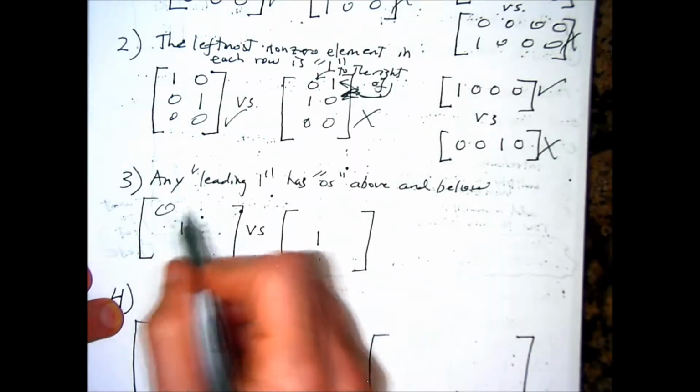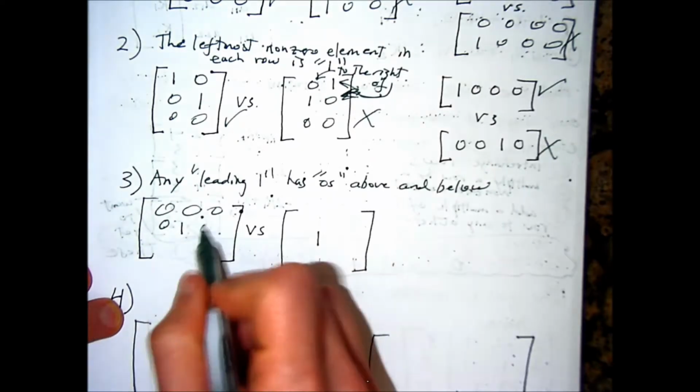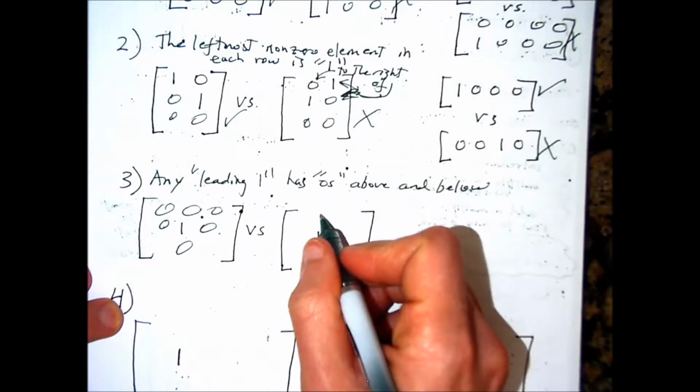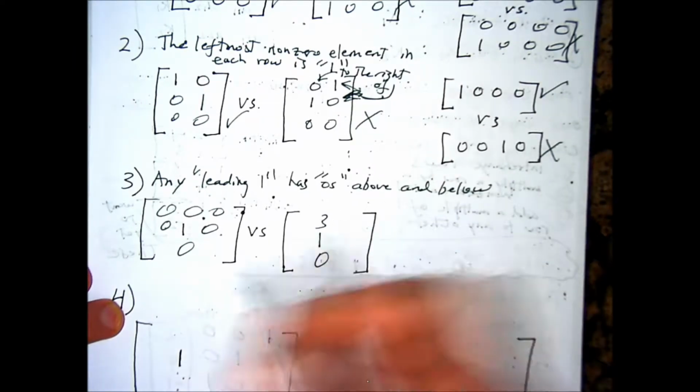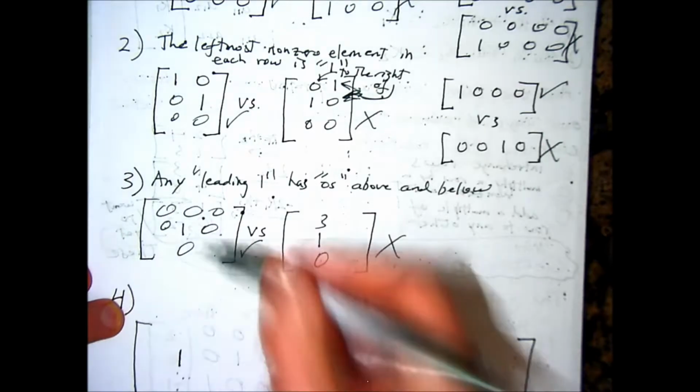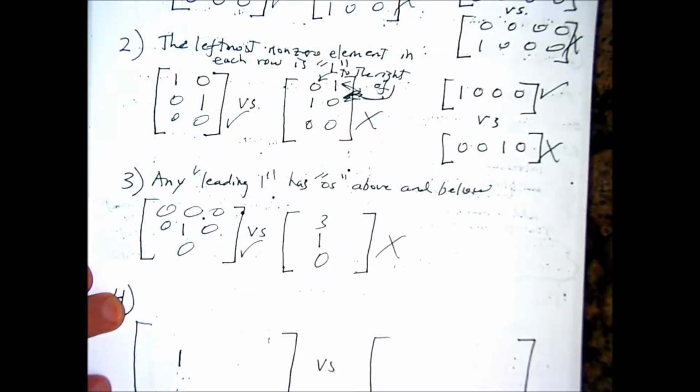Okay? So this is potentially in reduced row echelon form, where this is not. Let's say I have a 3 here, and I have a 0 here, or vice versa. This could be, this is not, because it has to have zeros above and below the leading 1. Okay?